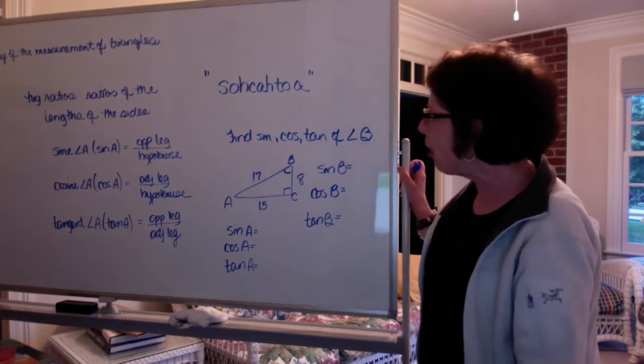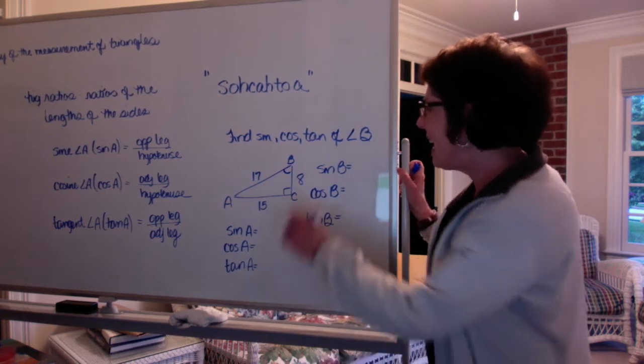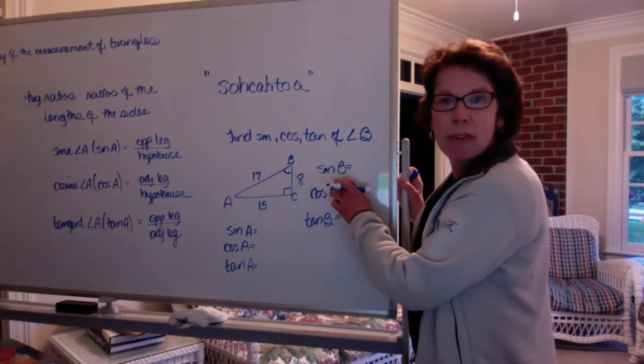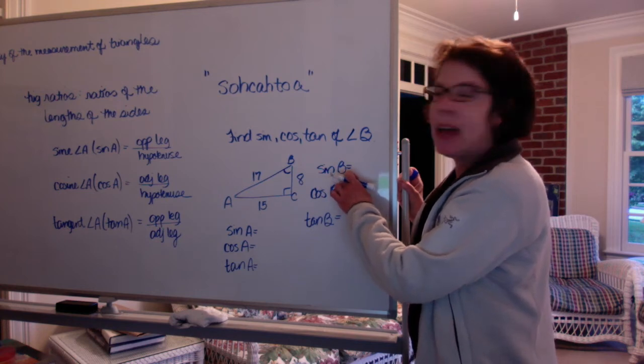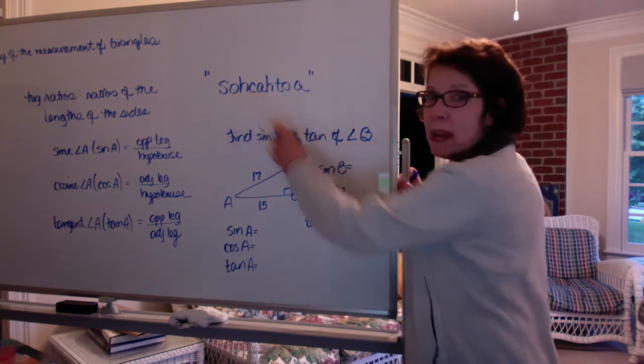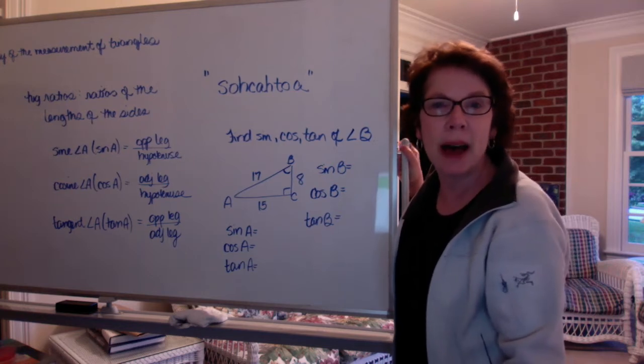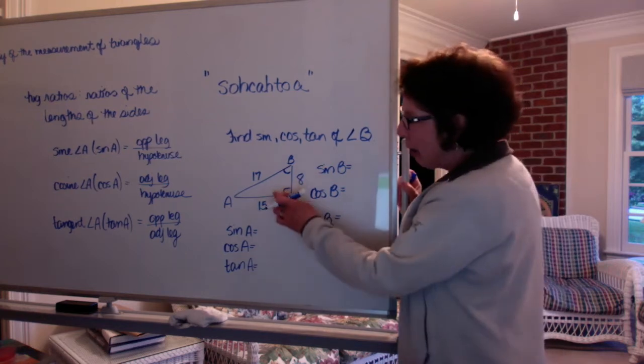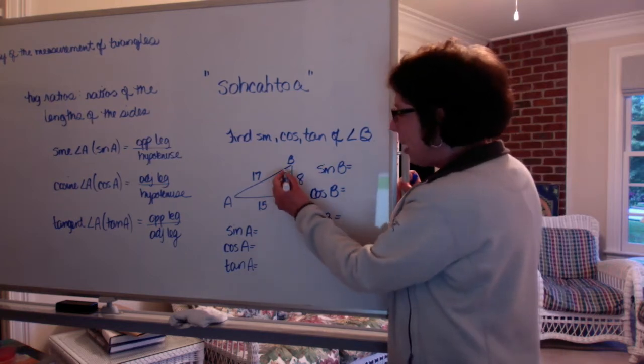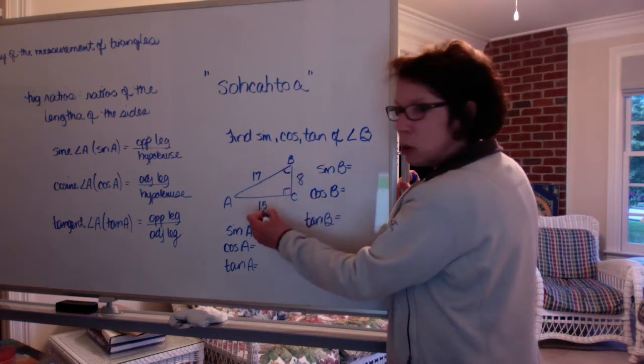Okay, angle B. What is the sine of angle B? Sine. So it is the opposite leg length over the hypotenuse. So let's look at our figure here. Angle B, what is the opposite length? Go across here to a leg.